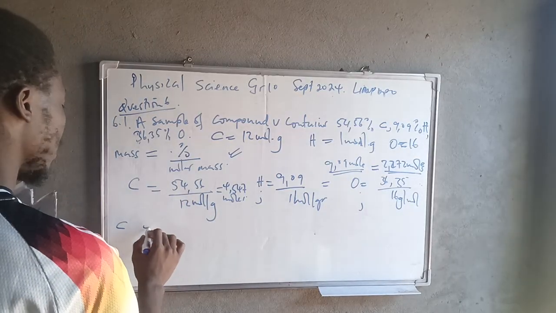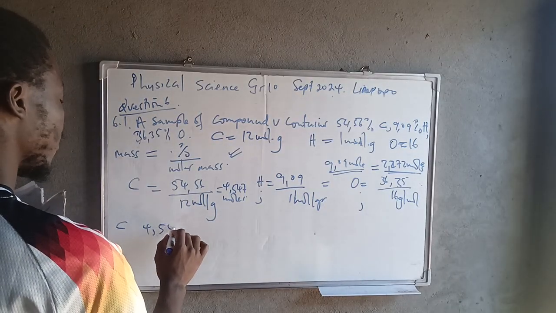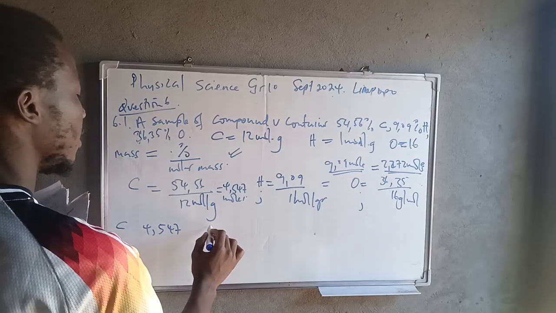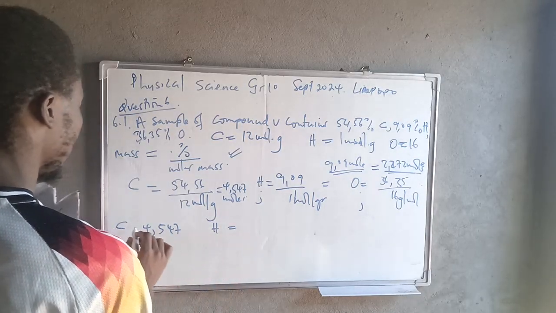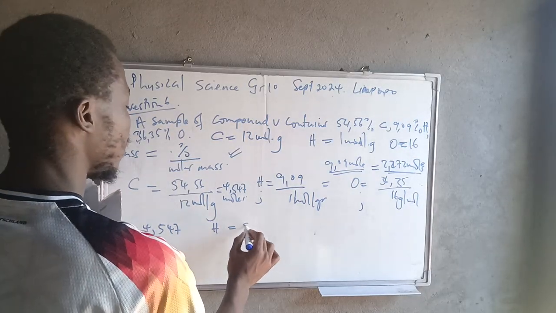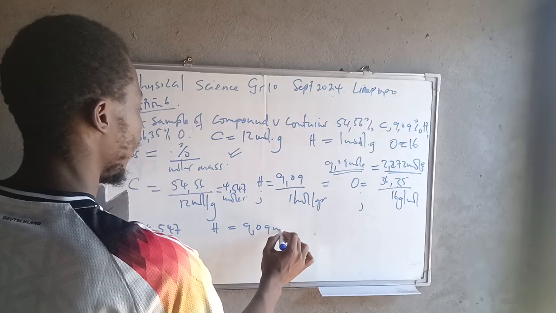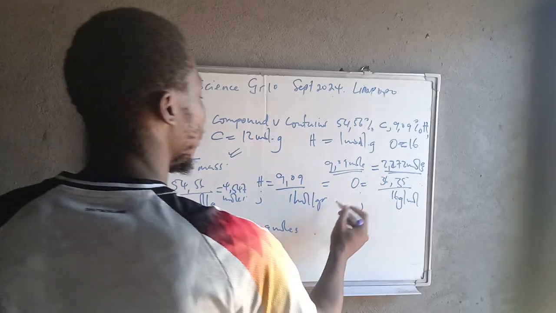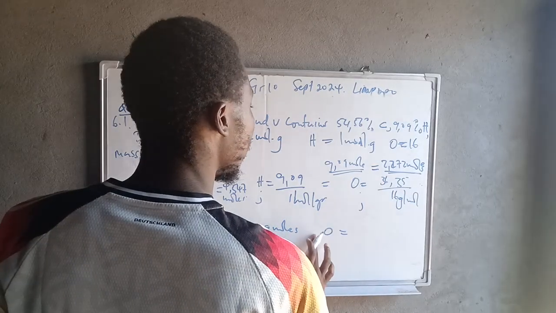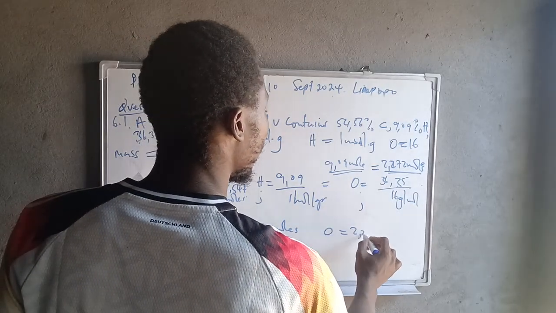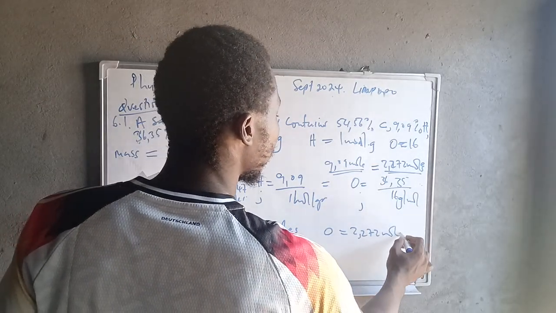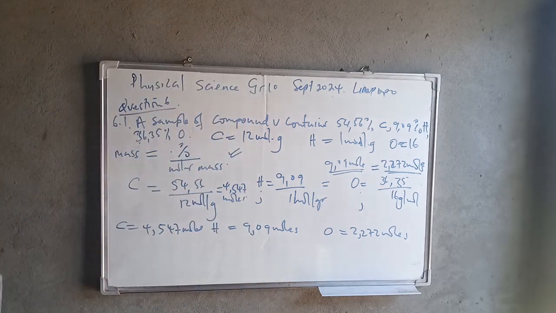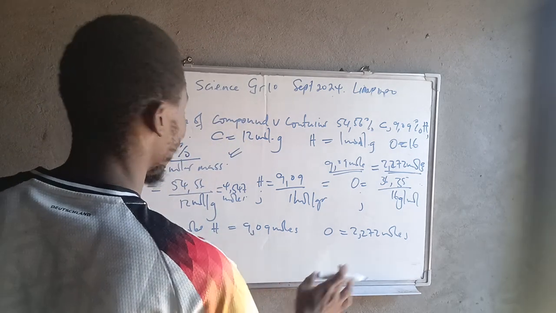Now we want to simplify these, so let's write them. Carbon is 4.547, hydrogen is 9.09 moles, and oxygen is 2.272 moles. We take the smallest one and divide throughout by it.